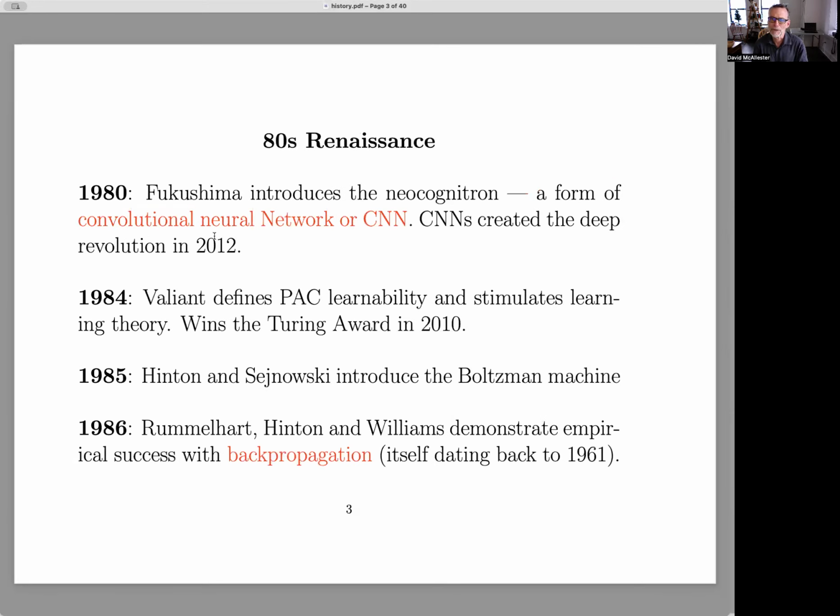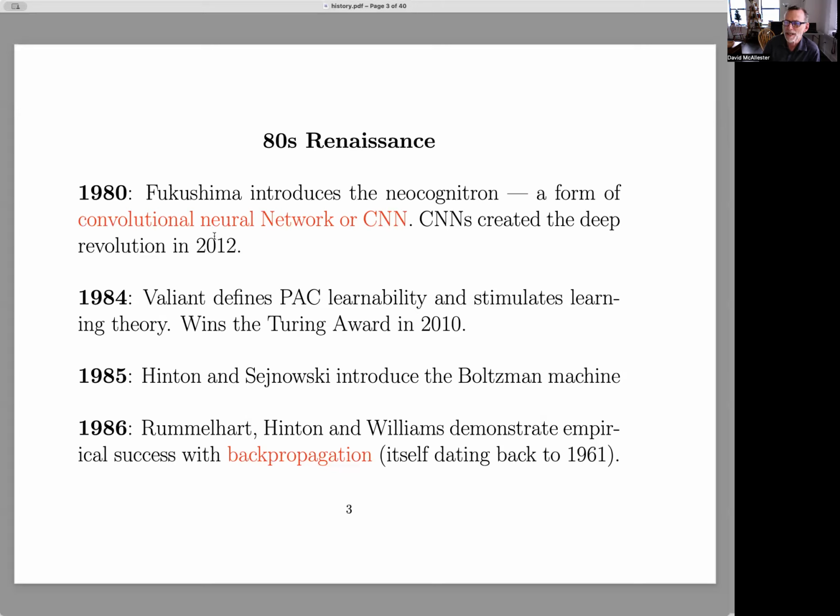Okay, so in 1980, Fukushima in Japan introduces the neocognitron. Now, this is a form of convolutional neural network. So this is the real origin of CNNs from 1980. In 1984, Leslie Valiant introduced a formal concept called PAC learnability, probably approximately correct.